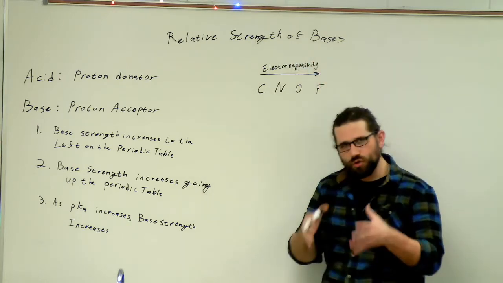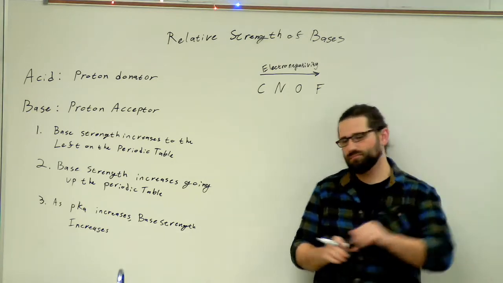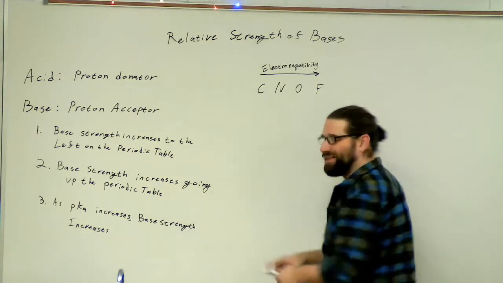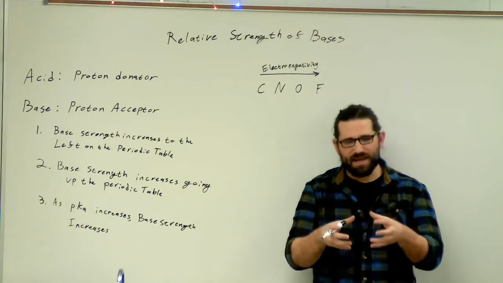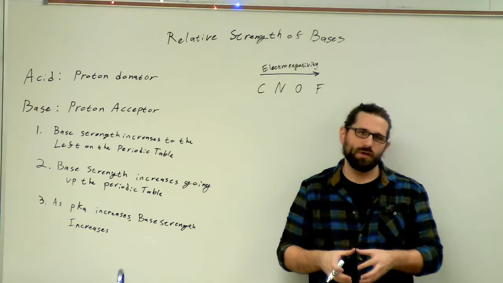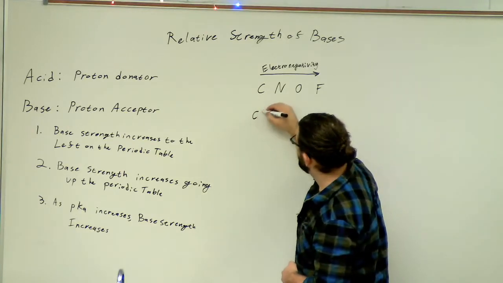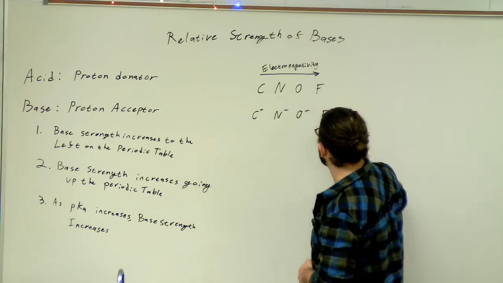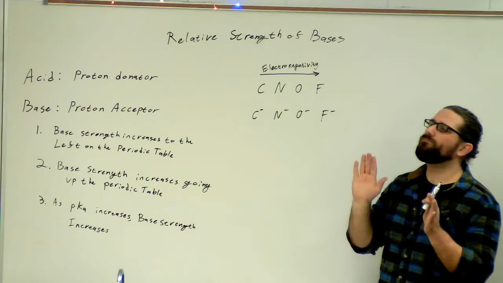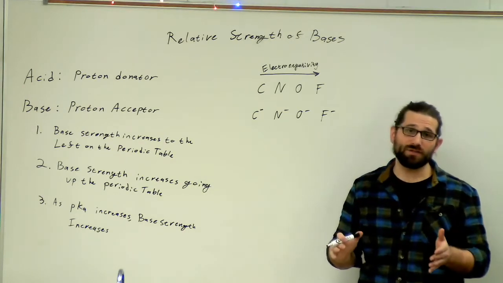Because of that increased electronegativity, as I go to the right on the periodic table, the atoms are going to be better at sustaining that negative charge. So if each of these becomes negative, if I've got a C-, N-, O-, F-, fluorine is much happier than any of these other atoms to hold that minus charge.